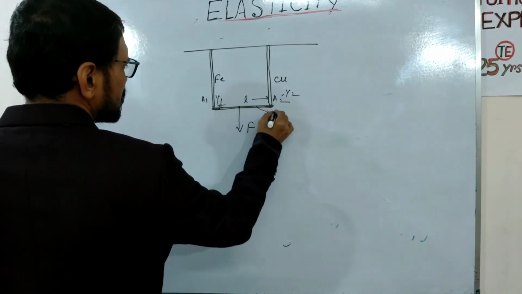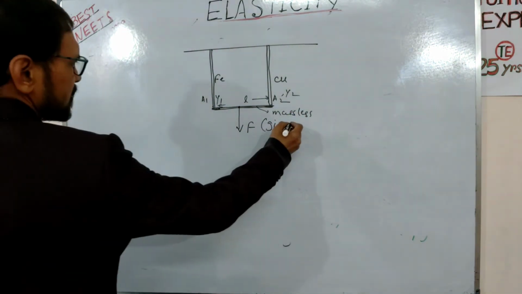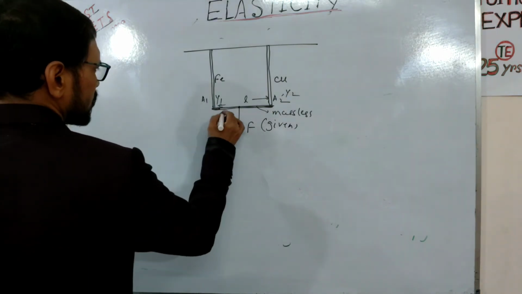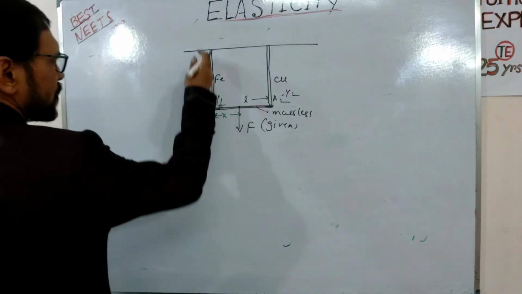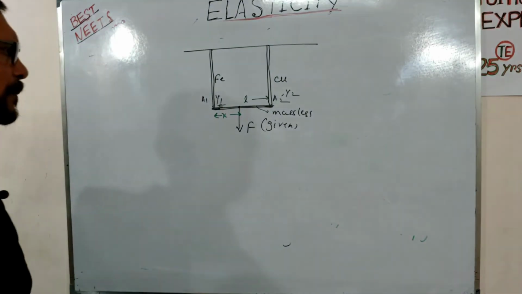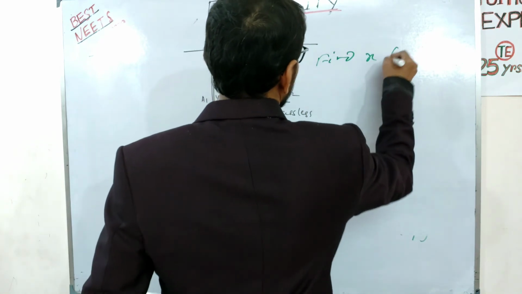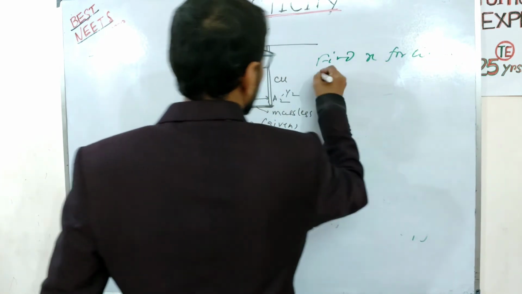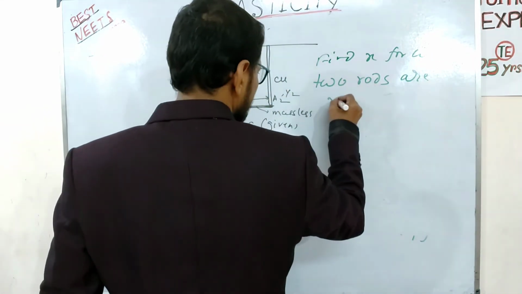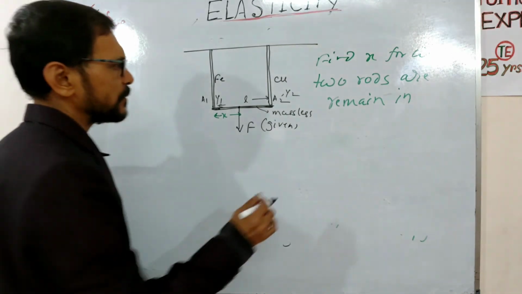This is a massless support. Now P is given. What is the distance of the force from this rod, such that the two rods remain in equilibrium? So find x for which the two rods remain in equilibrium.